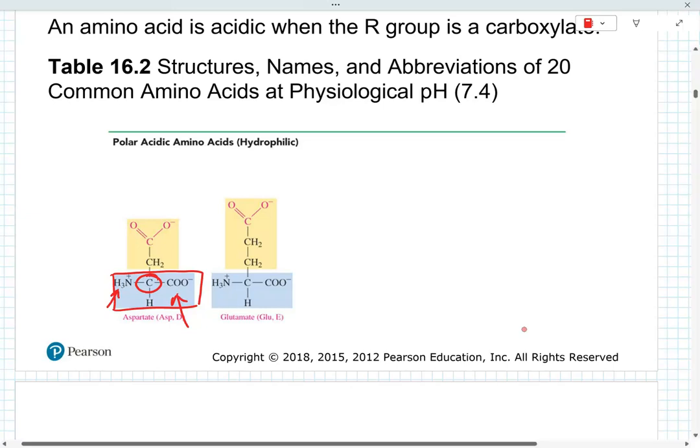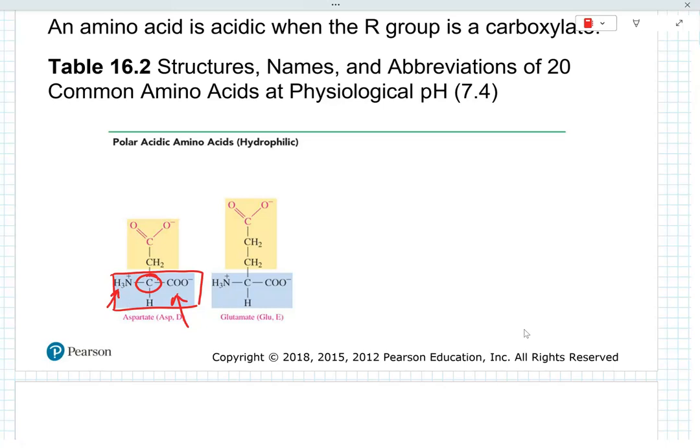Alicia, you have a question? Yeah. When we're looking at them like this, the ammonium group and the carboxylate group are both in that blue, and that's our amino acid. Right. And then the extra stuff is the side chain. Okay, because I was confused about the same thing. I was like, where did our carboxylate group go?